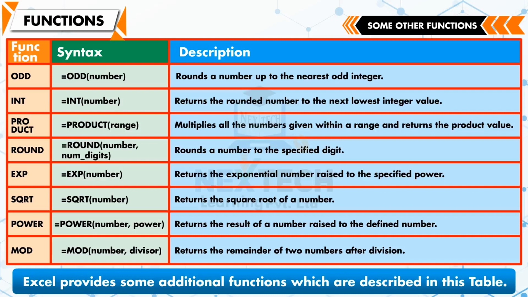Product: multiplies all the numbers given within a range and returns the product value. Round: rounds a number to the specified digit. Exp: returns the exponential number raised to the specified power. Sqrt: returns the square root of a number. Power: returns the result of a number raised to the defined number. Mod: returns the remainder of two numbers after division.